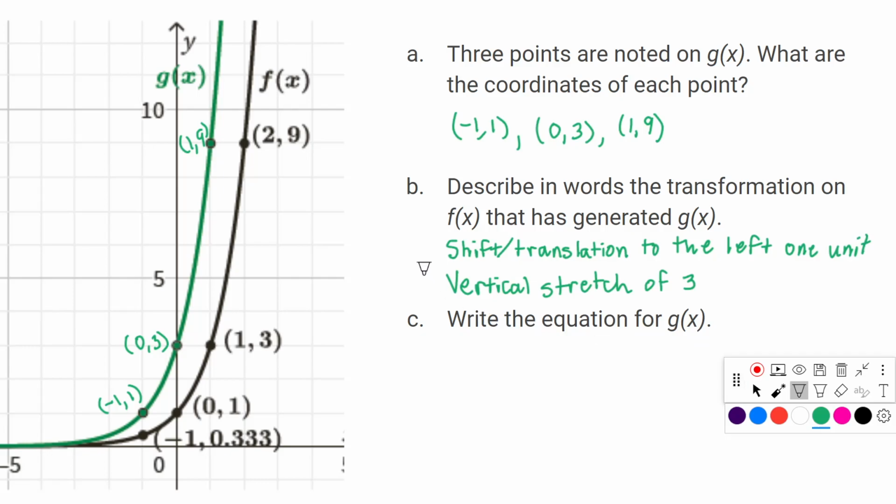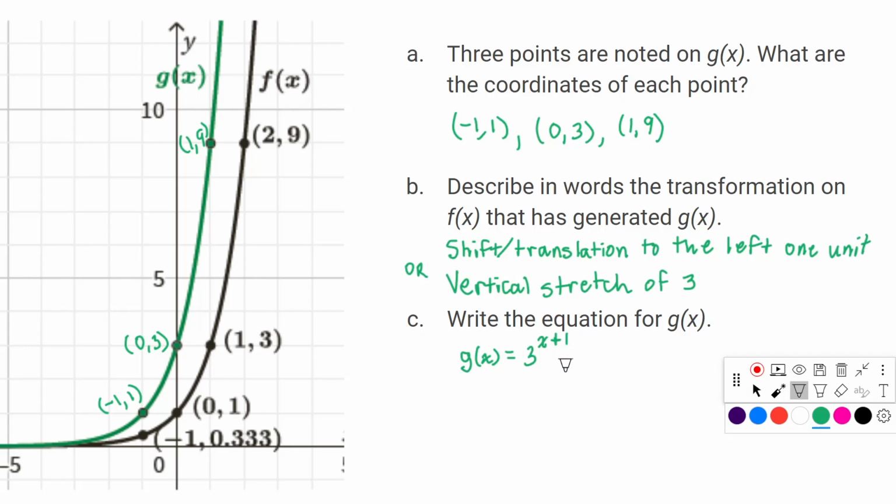Because we have two different translations or transformations that could be described, I'm going to write two different equations. I'll write one for the translation and one for the vertical stretch. For the translation, that's going to be g of x equals, f of x was the graph of 3 to the power of x, so 3 to the power of, and because it shifted to the left, it becomes a +1 added to our x value.